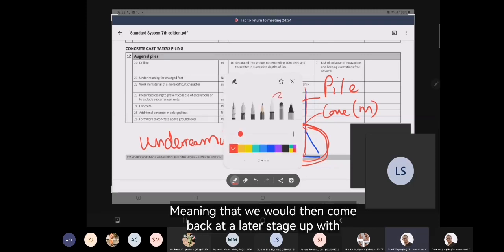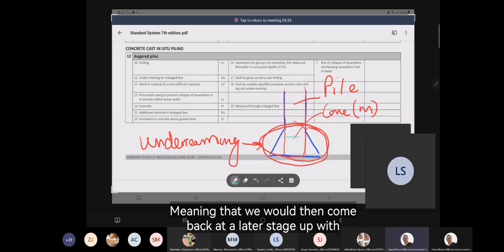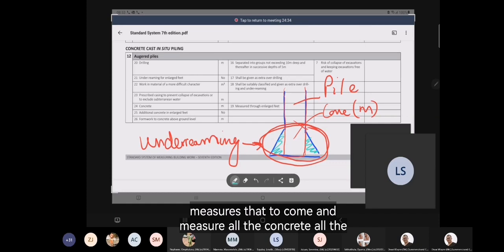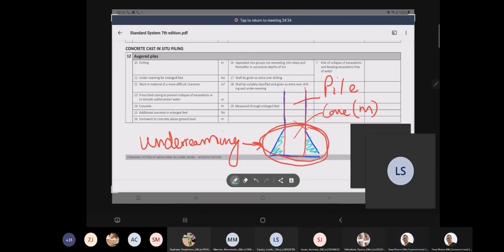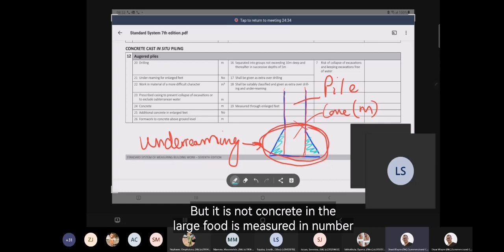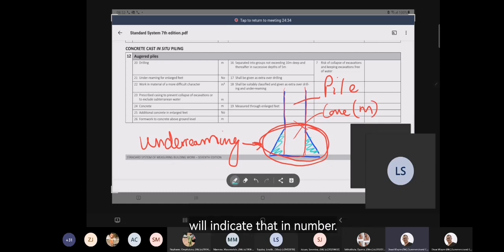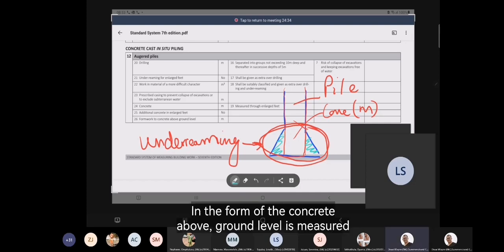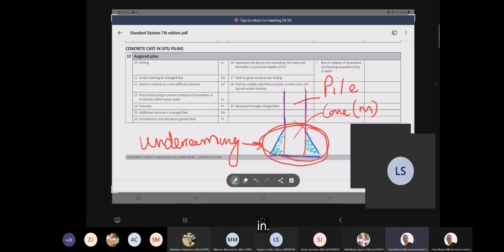Meaning that we would come back at a later stage to measure all the concrete all the way around. The additional concrete in the enlarged foot is measured in number, and we'll indicate that in number. The formwork to the concrete above ground level is measured in meters.